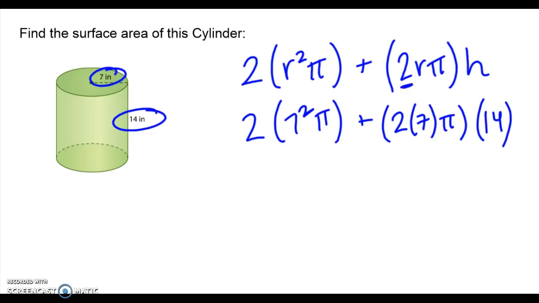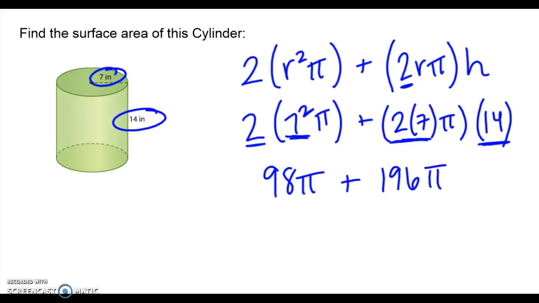Some of you, I would love it if you kept it in terms of pi. So if we do 7 squared, we get 49, and then times 2, 98 pi for the first part. Then the second part, we end up with 14 times 14, so we have 196 pi.